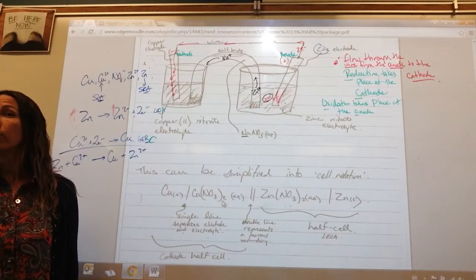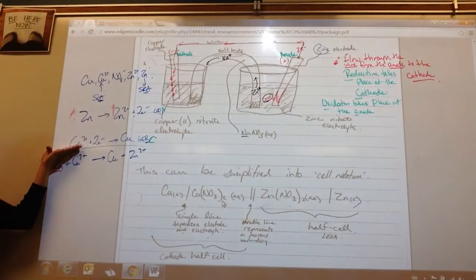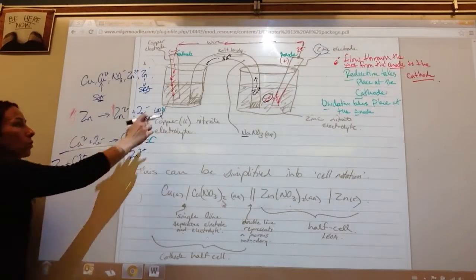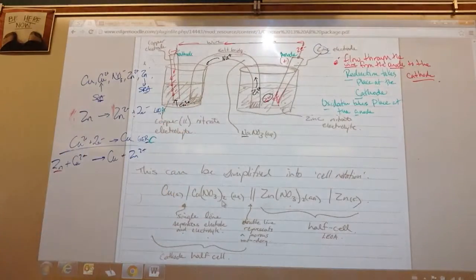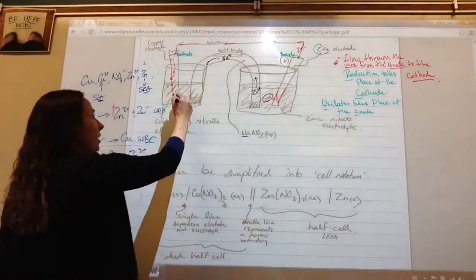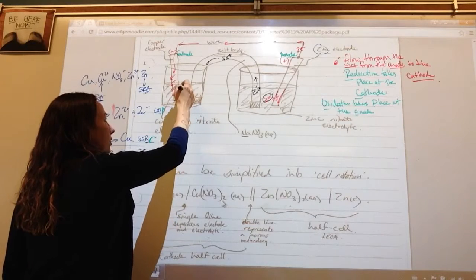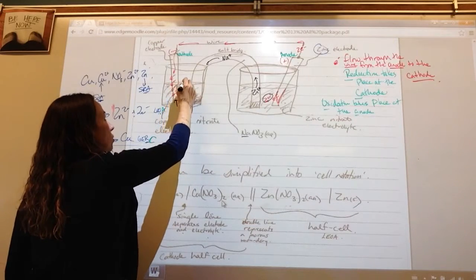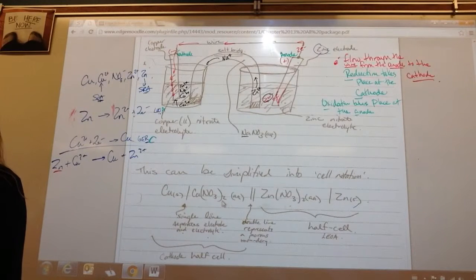And the third? The copper 2 pluses, which are already here-ish, are going to move there. So who's hanging out here? I've got copper 2 pluses, sodium pluses, and zinc 2 pluses. They're all able to gain these electrons. Who wins?